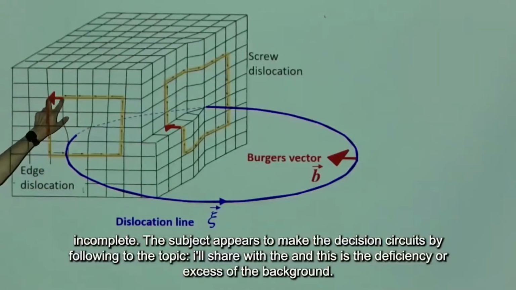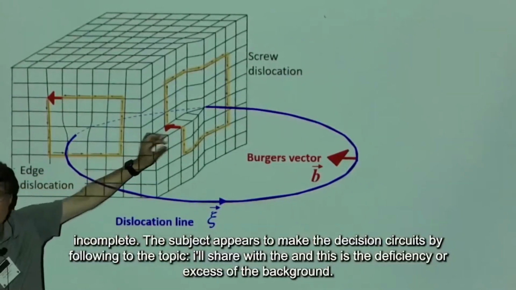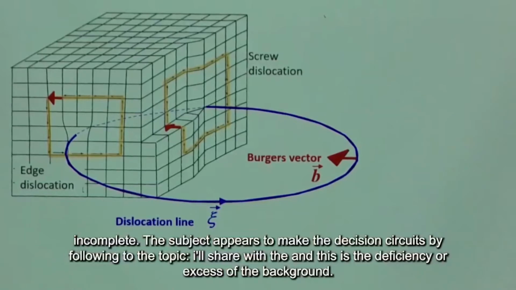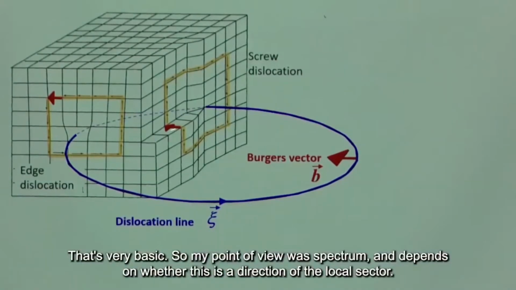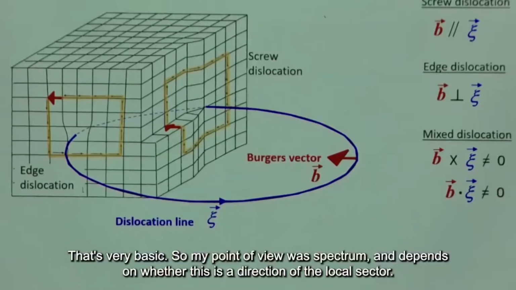This deficiency or excess of the vector corresponds to one lattice spacing. That is what we call the Burgers vector, and it depends on whether the direction of the Burgers vector is aligned with or perpendicular to the dislocation line.